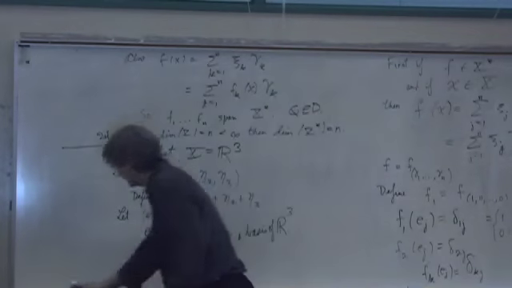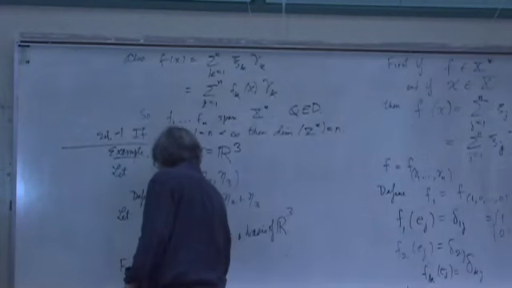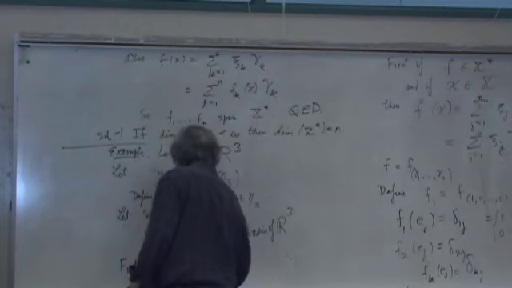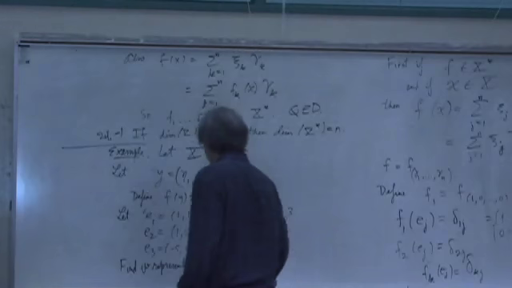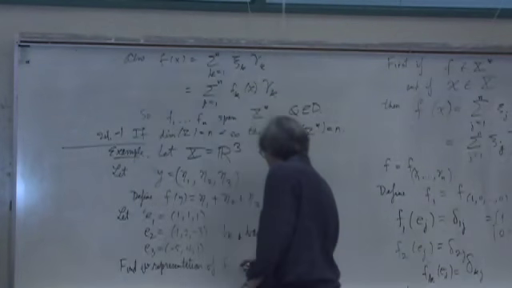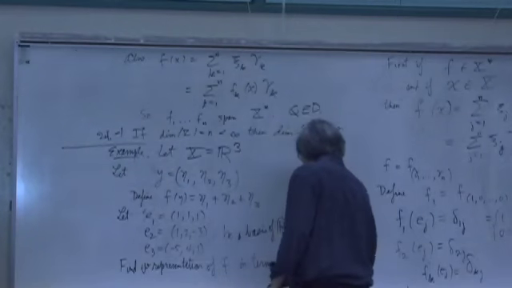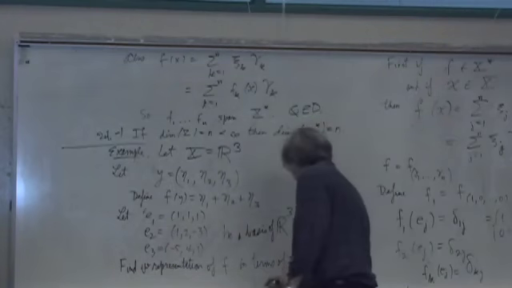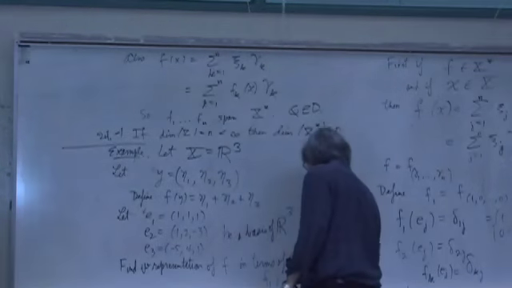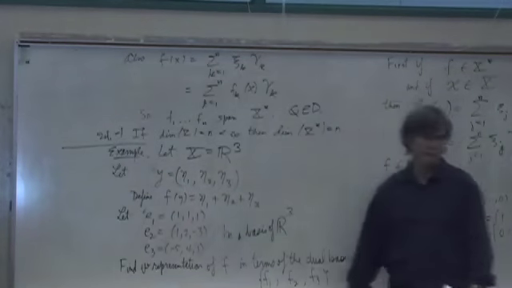Find the representation of f, which will be a unique representation, in terms of the dual basis f1, f2, f3 relative to this given basis e1, e2, e3.